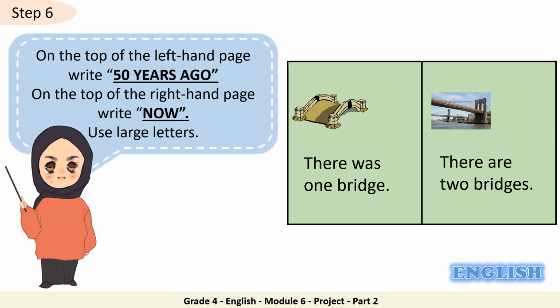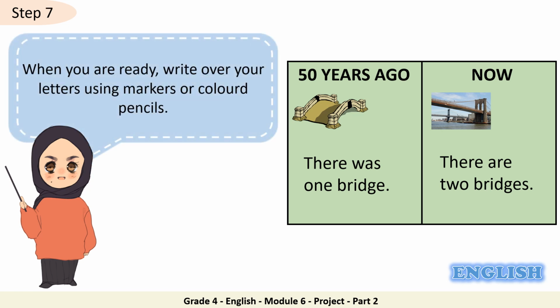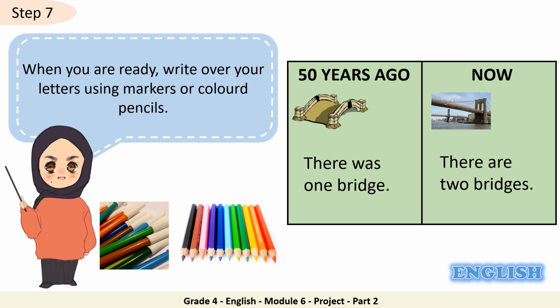On the top of the left-hand page, write 50 years ago. On the top of the right-hand page, write now. Make sure you use large letters. Step 7. When you are ready, write over your letters using markers or colored pencils.